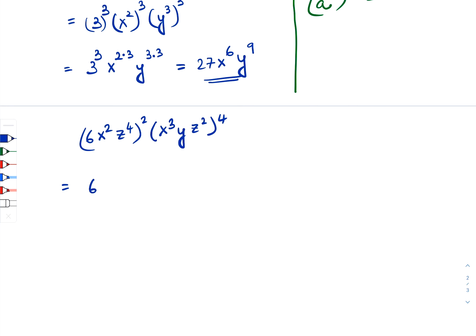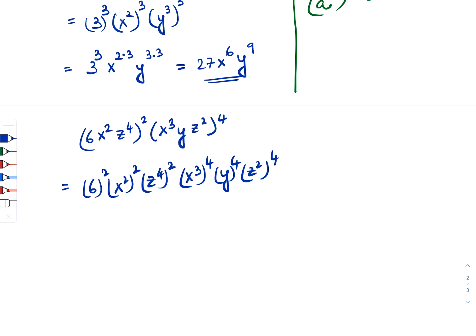So 6 squared, (x²)², (z⁴)², and then you have (x³)⁴, y⁴, (z²)⁴. Let's go ahead and simplify it. 6 squared is 36. x squared raised to the second power is x raised to 2 times 2, so that's x⁴.